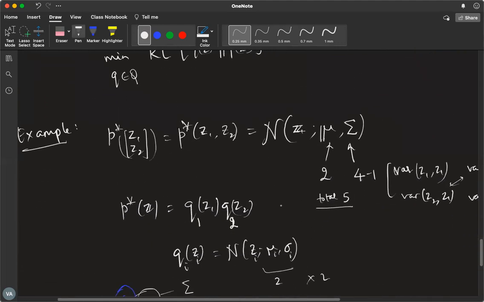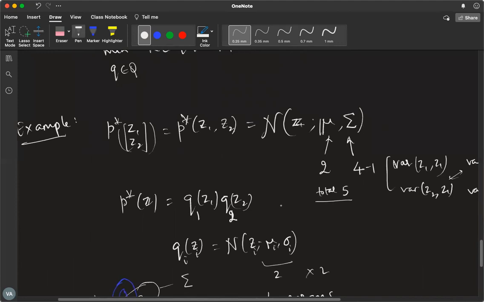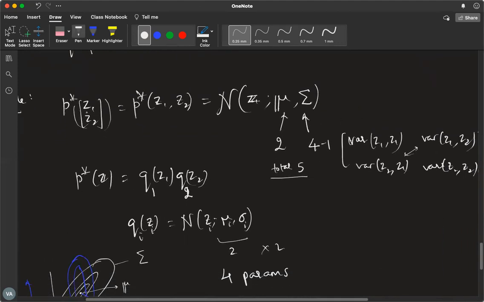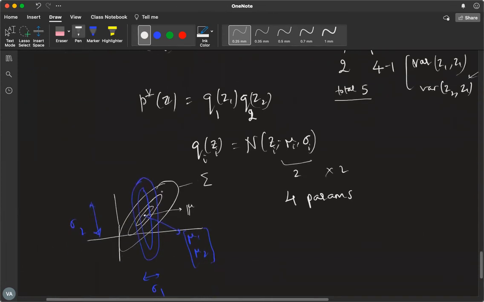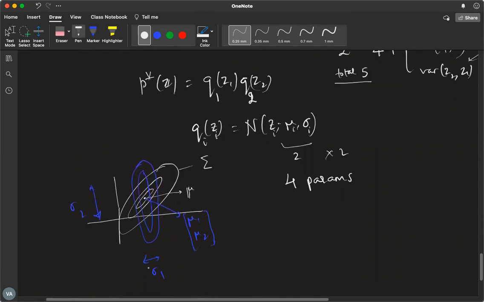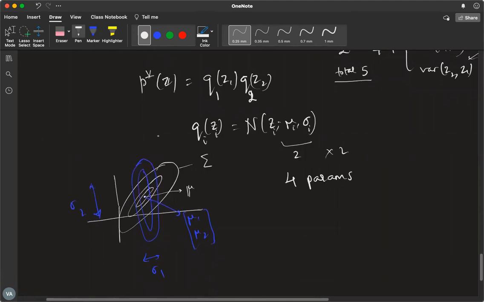Let's say you talk of a Gaussian distribution where the two dimensions are correlated, but using mean field approximation, you will assume that they are uncorrelated, that they are both independent. I think independence is a stronger condition than just uncorrelated. Then we can approximate with this blue distribution, which is the approximate distribution, where the white one was the original one.